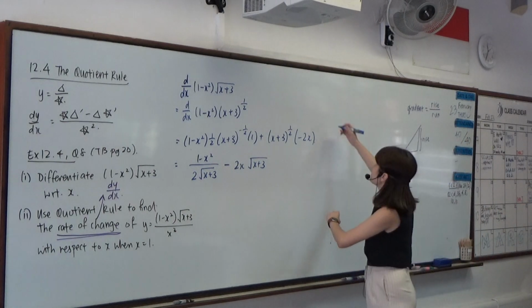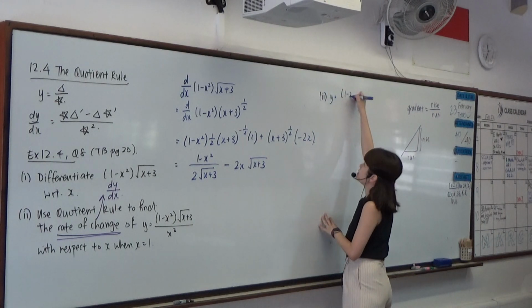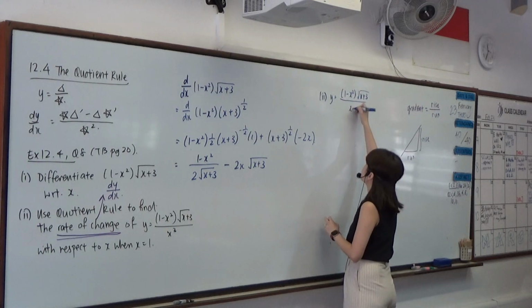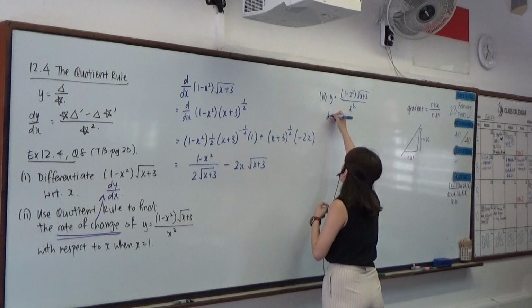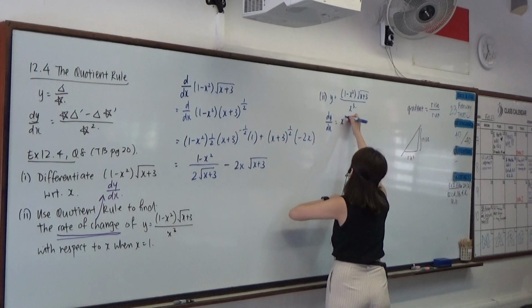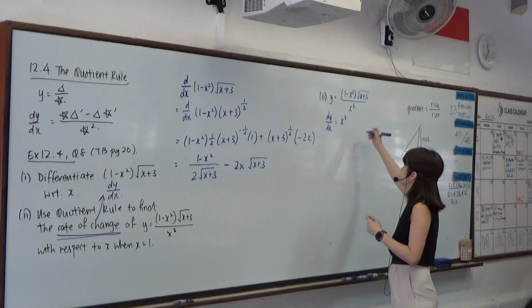So going back to this, with our y equals to this, dy over dx will be keeping the bottom, differentiate the top, which we have already done over here.